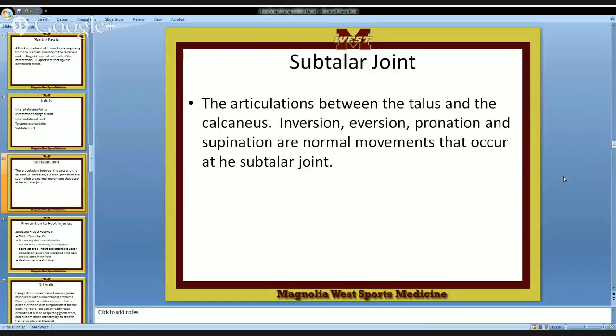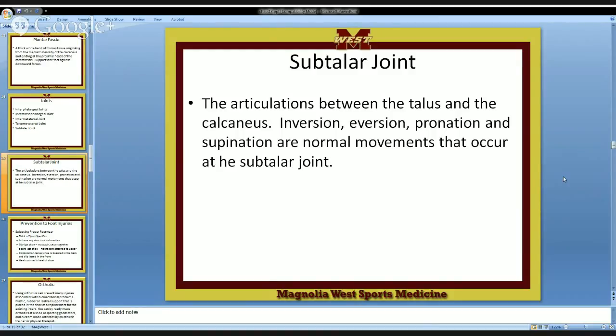Well, that makes sense because the talus sits up here, right? And the calcaneus is below it. So it's the joint right underneath the talus. See, if you know your vocabulary, if you take that medical terminology class, it's coming.